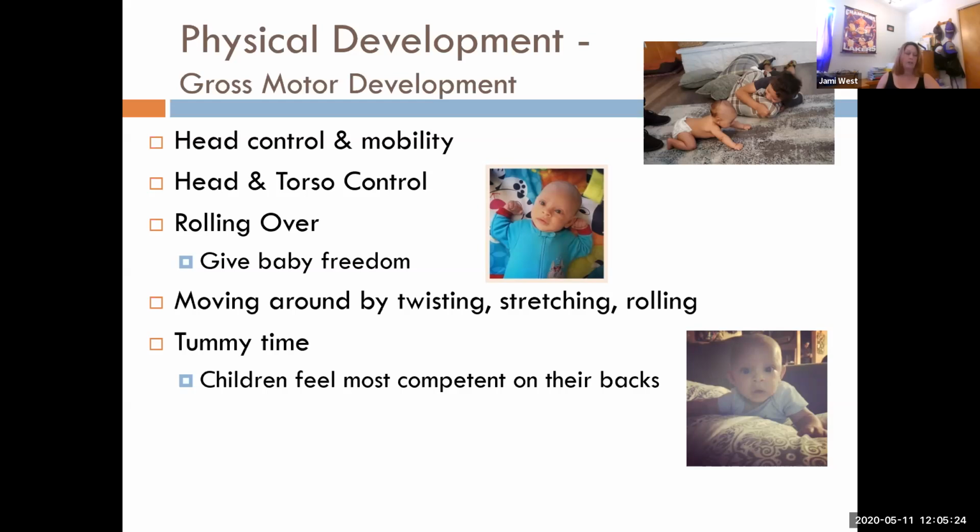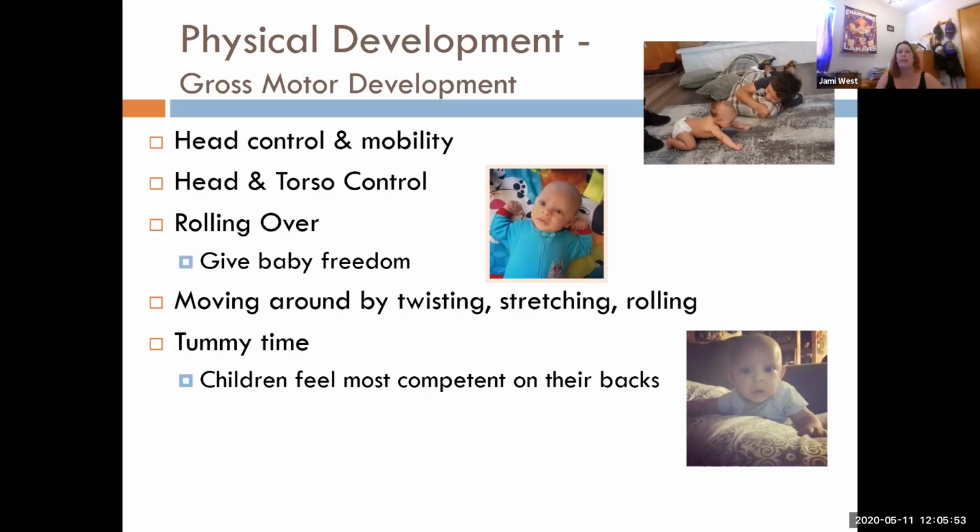Right around 3 to 4 months, they start to develop more head and torso control, okay? They can lift their head up, raise their chest, which you see in the bottom right-hand picture, okay? Raise up their head and chest on their own, supported by their arms. That is 3 to 4 months.